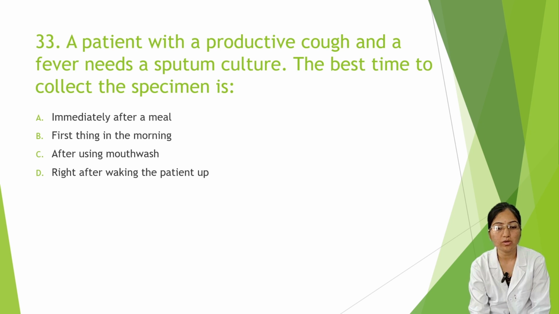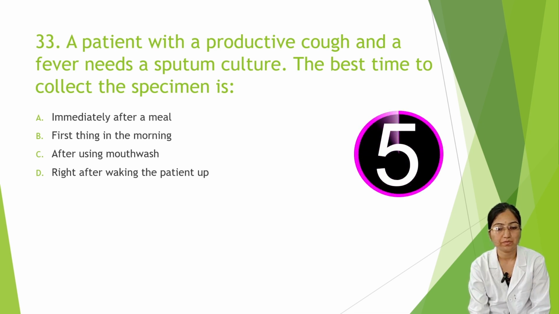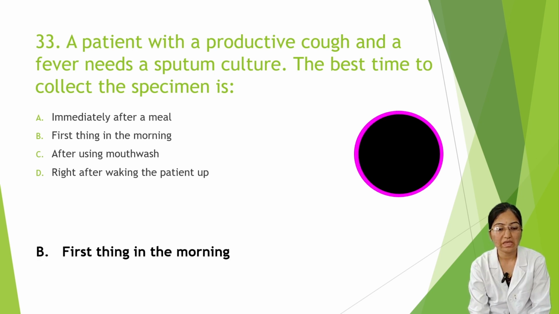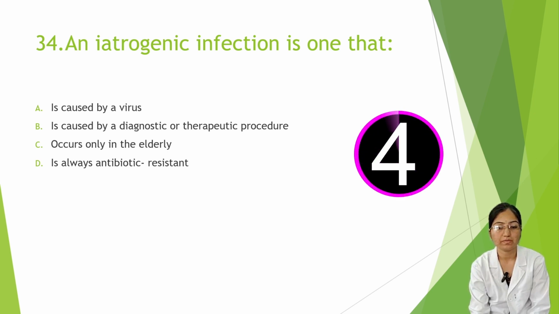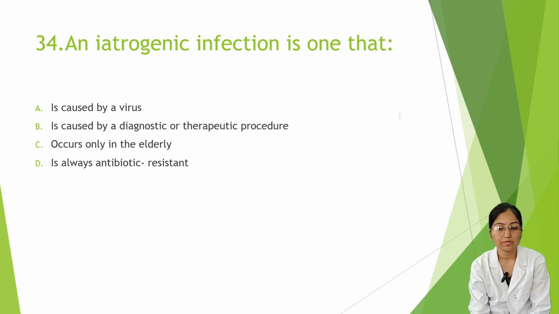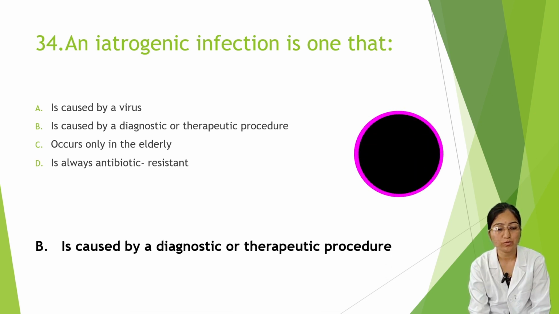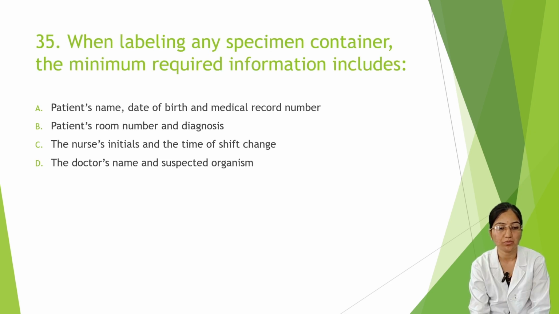A patient with a productive cough and a fever needs a sputum culture. The best time to collect the specimen is first thing in the morning. An iatrogenic infection is one that, right option is B, that is caused by a diagnostic or therapeutic procedure.